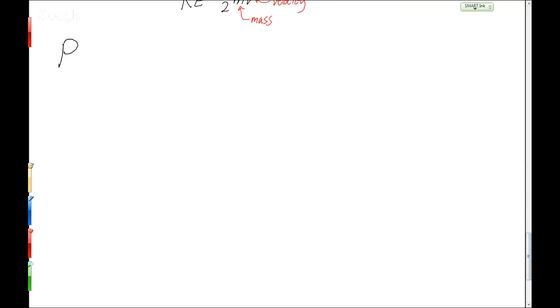The last thing that we're going to talk about with gases is partial pressures. And this has to do with what happens when gases are mixed together.